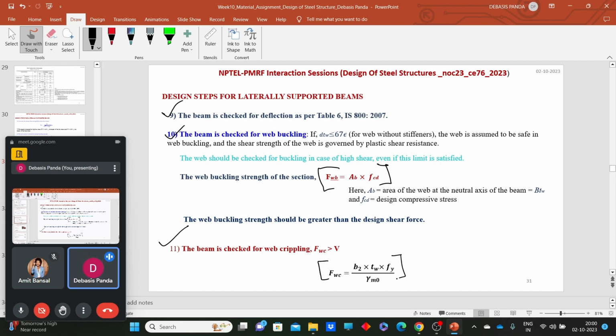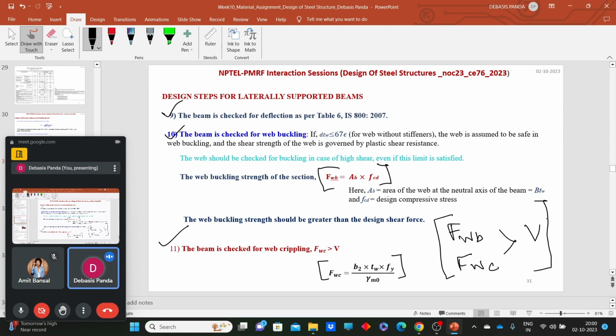We have just learned how to calculate the value of FWC, and these two values, web buckling strength and web crippling strength, should be greater than the factored shear force induced within that beam section. So if these steps are ensured, then your design for a laterally supported beam is done.